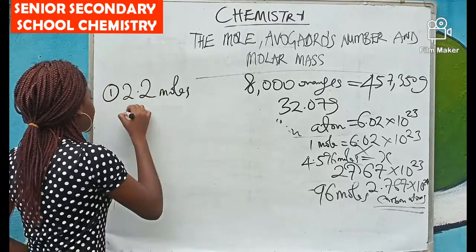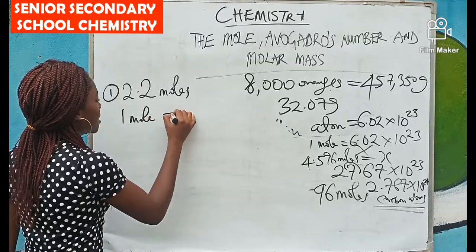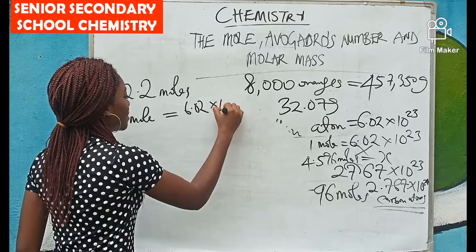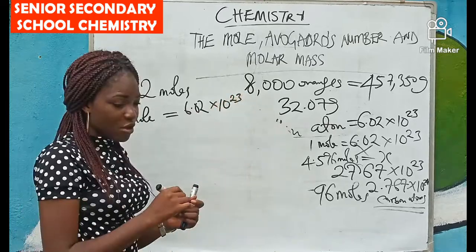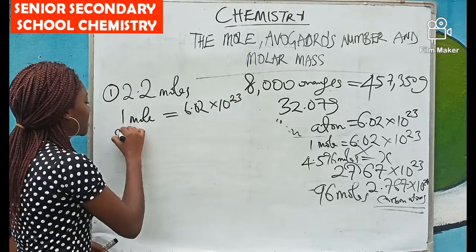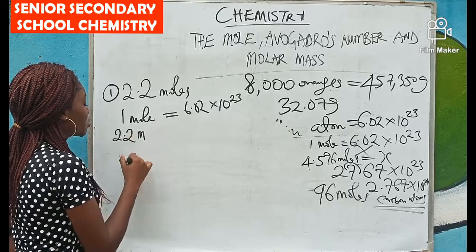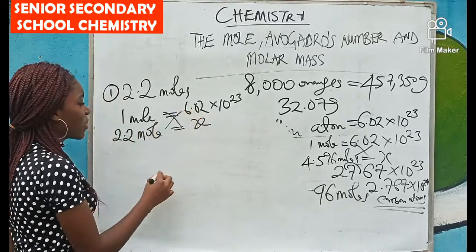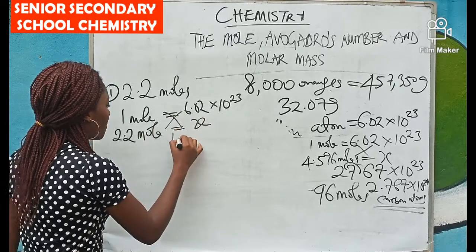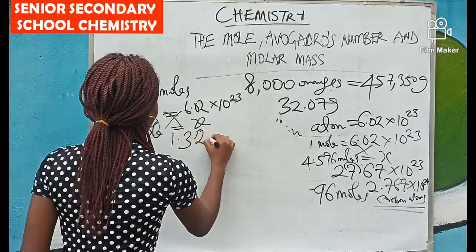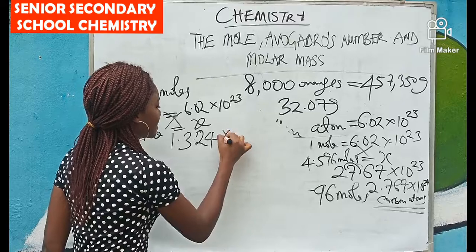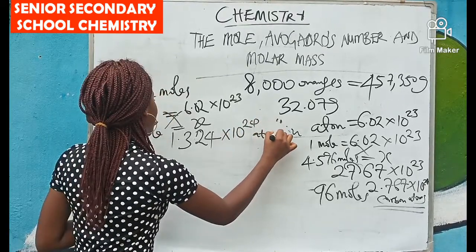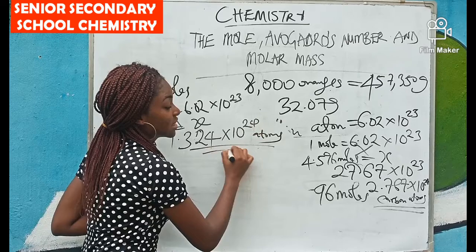From what I said, 1 mole equals 6.02 times 10 raised to the power 23. So how many atoms is present in 2.2 moles? Now when we cross multiply, we're going to be having 1.324 times 10 raised to the power 24. When you punch this in your calculator, this is what you should be getting.